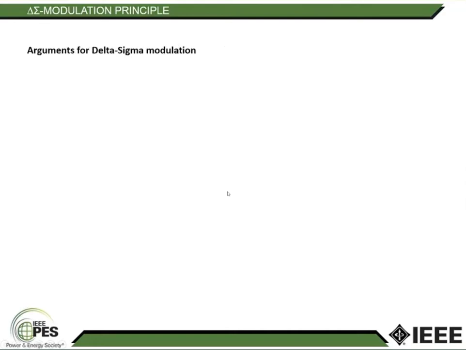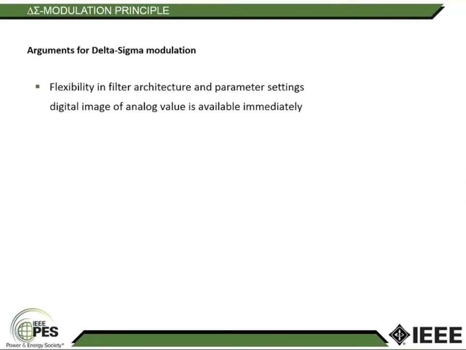Now you could ask the question, what are your arguments for actually using delta sigma modulation? It gives you flexibility in filter architecture and parameter settings. This is something we will have a closer look on in the next chapter. It gives you a digital image of an analog value right away.